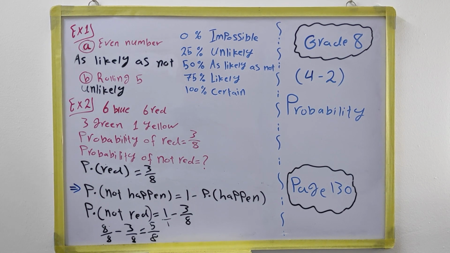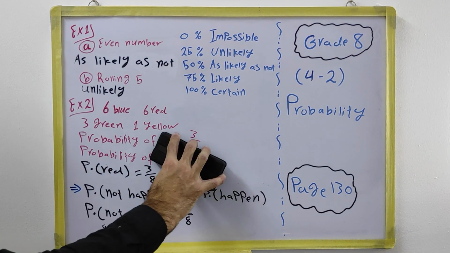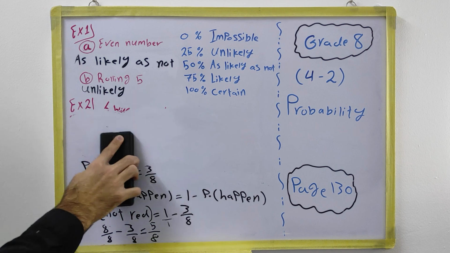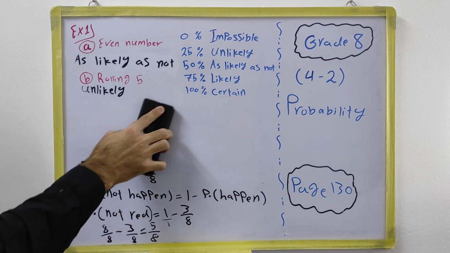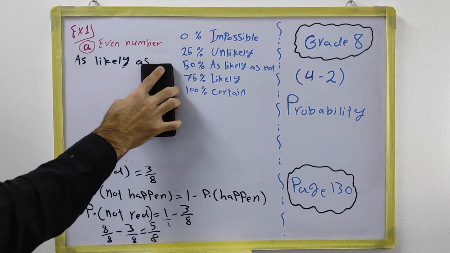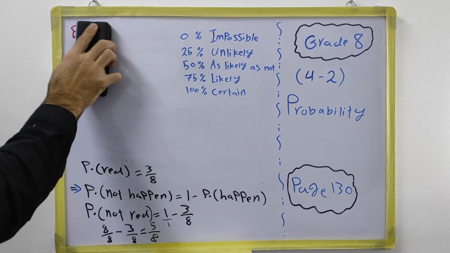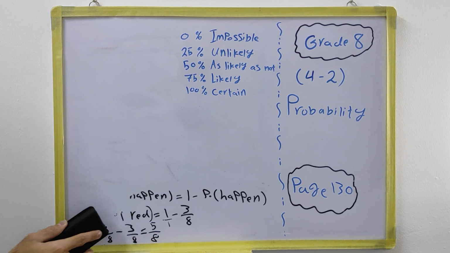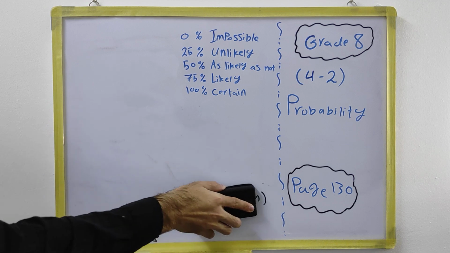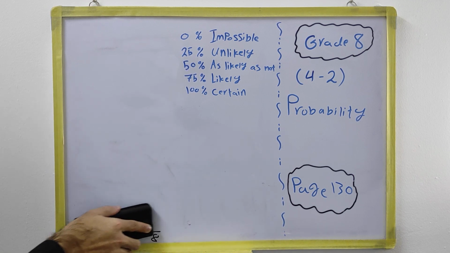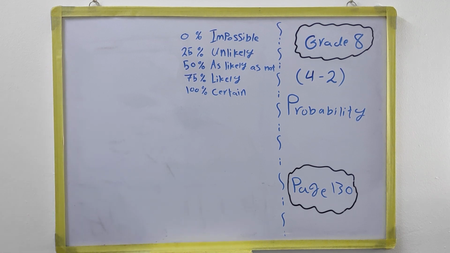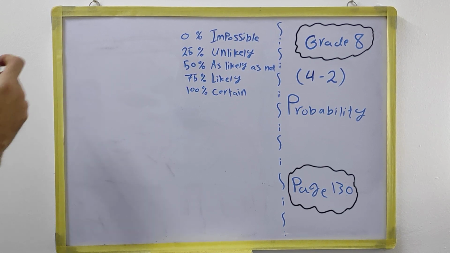And in example 3 we have something else, which gives you the probability of something to happen and asks you to find the probability of that event not happening. You can read the question on page 131, which is example 3.